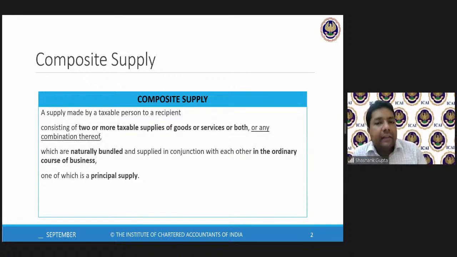And practically, there were instances that a single transaction was being taxed as both sale or supply of goods as well as supply of services. So that was the extent of distortion.